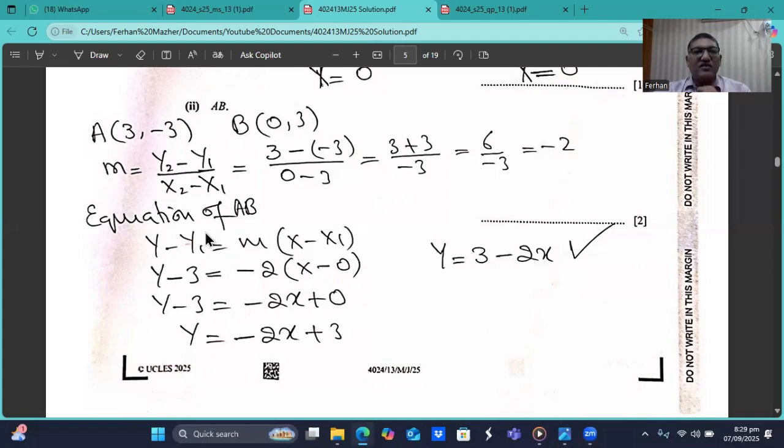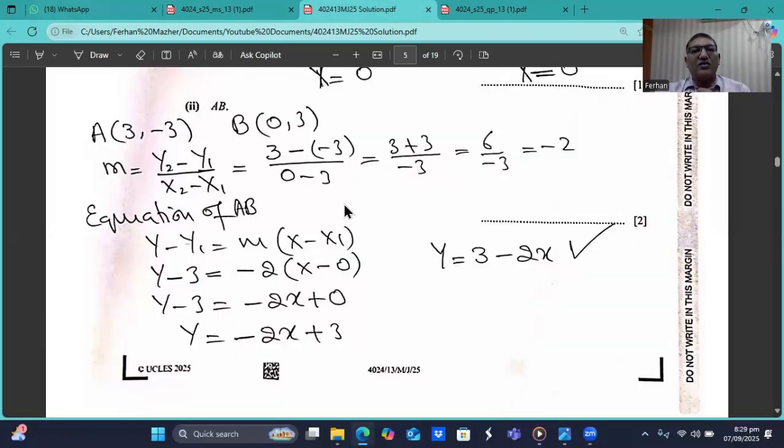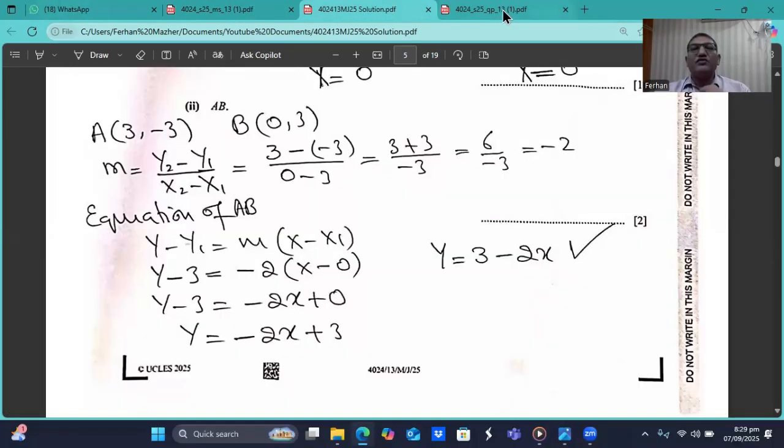The x1 is 0. The y1 is 3. So it will be y minus 3 equals -2x plus 0. So y will be equal to -2x plus 3. So this is the equation of the line AB. Let me check. y equals 3 minus 2x, and this is how we have done this. So this is how you do this question.